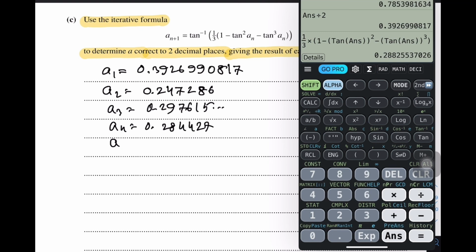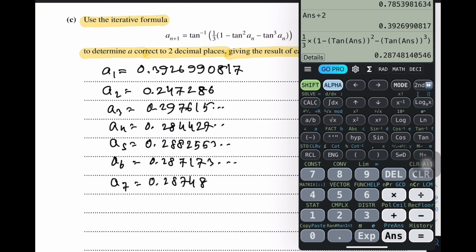Then a5 equals to 0.2882553. a6 equals to 0.287173. a7 equals to 0.287481. So check everywhere. It started from here, 2 decimal place everywhere it is 0.29.